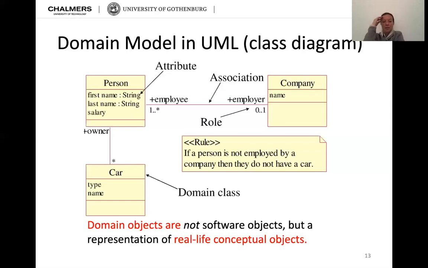And then we have a second relationship, which is the owner of a car. In this direction, you could say, well, why is this only one directional? A person can own several cars, or none, but the car doesn't know its owner.